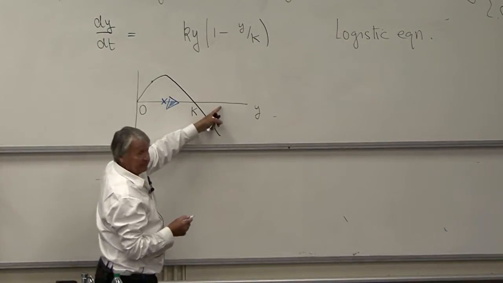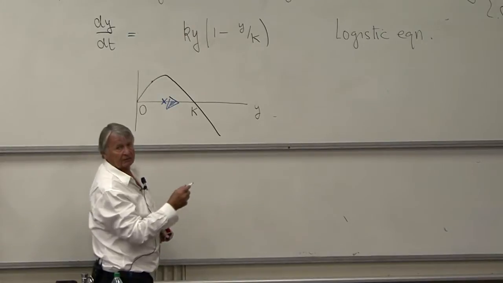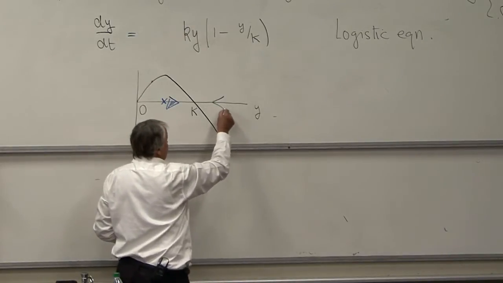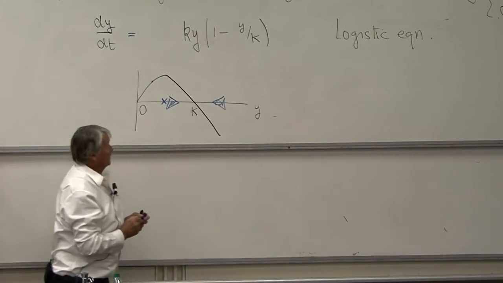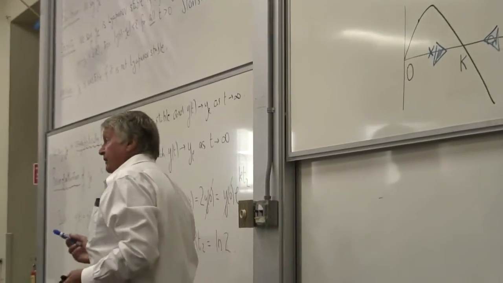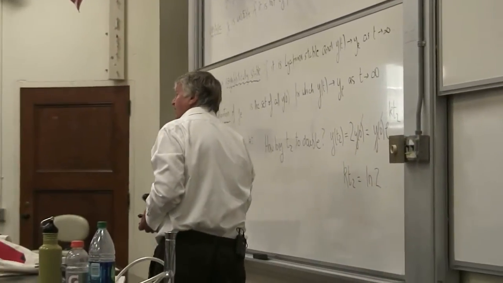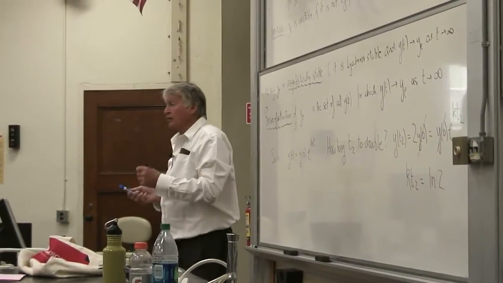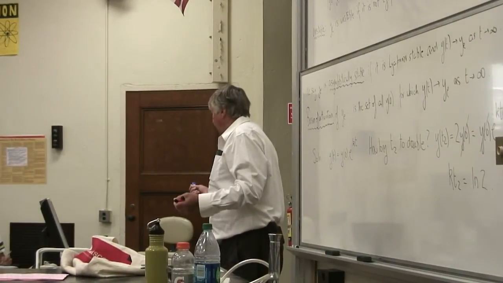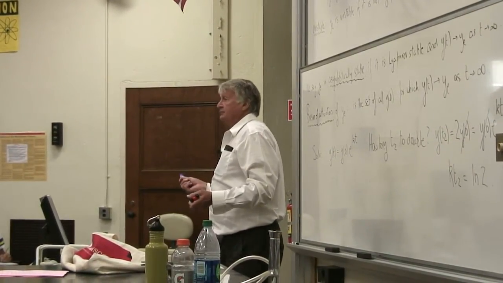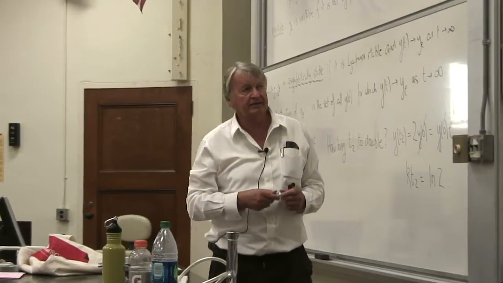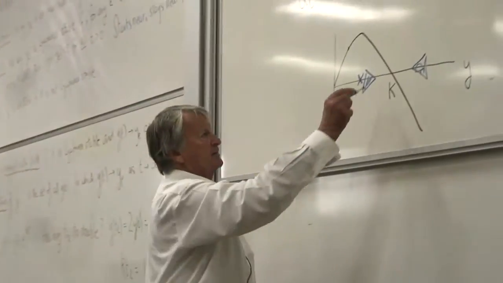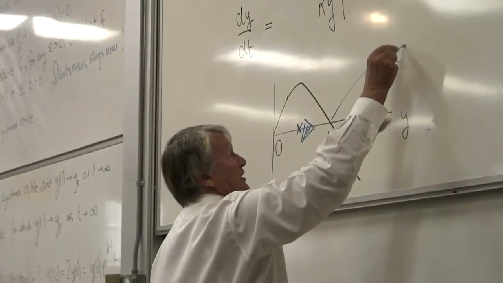How about if I'm here? I decrease. So, of the two equilibria, 0 and capital K, which one is unstable and which one is stable? Capital K, this one is asymptotically stable.